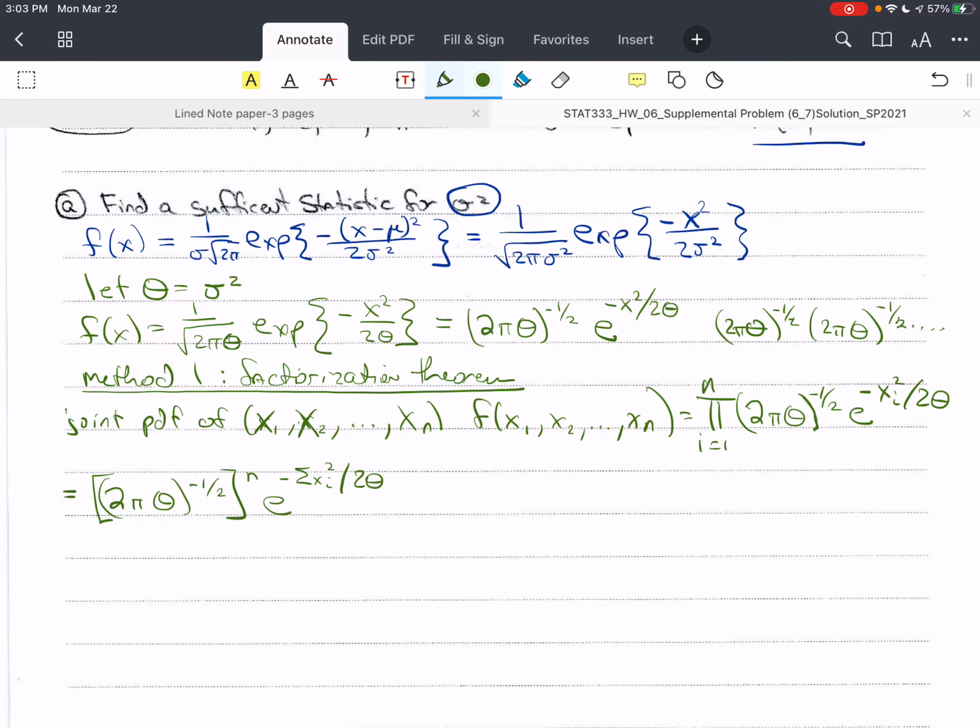So, all right. Now, for the factorization theorem, I need h that's a function of x only. This, and I haven't simplified this. So let's do that. This is equal to (2 pi theta) to the negative n over 2 times e to the negative sum of xi squared over 2 theta.